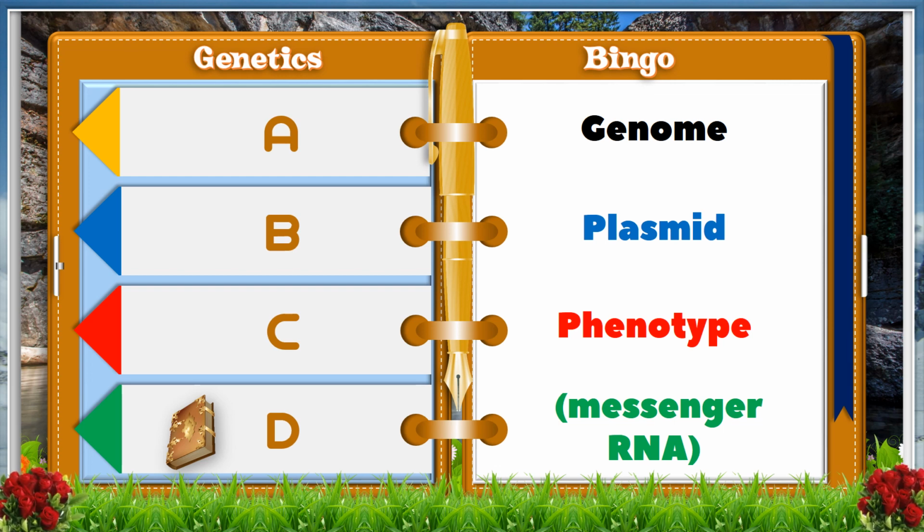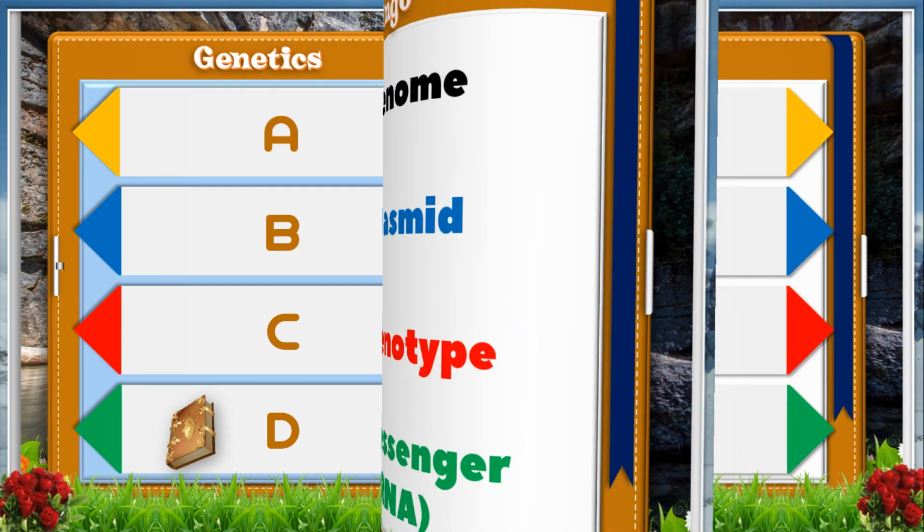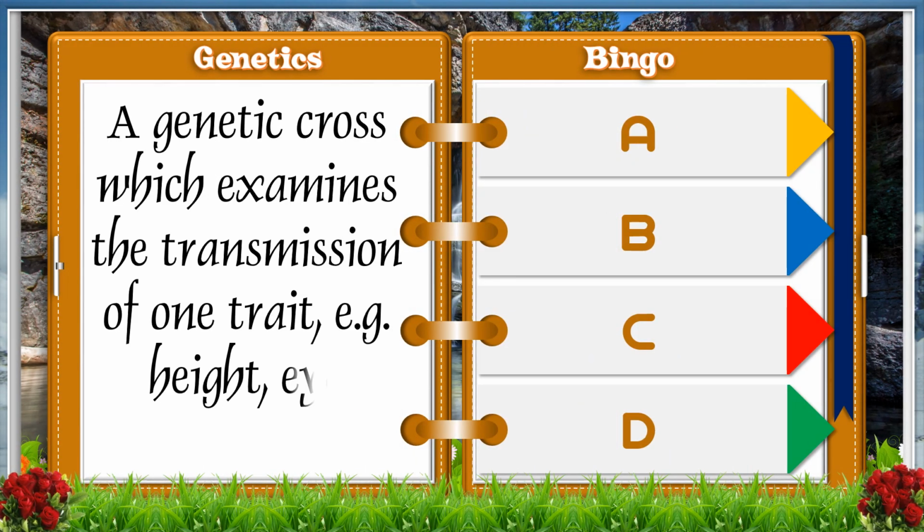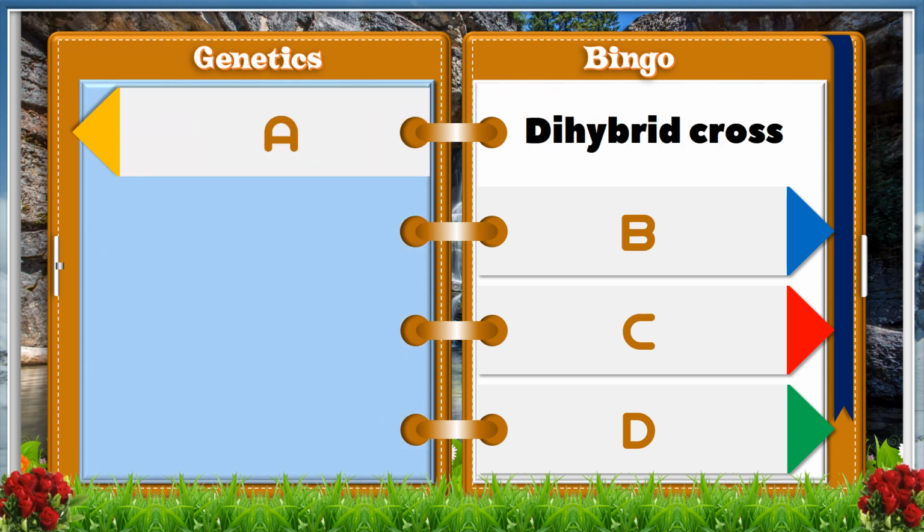A genetic cross which examines the transmission of one trait, for example, height, eye color, etc. A. Dihybrid cross.